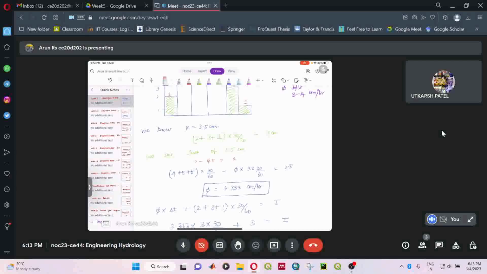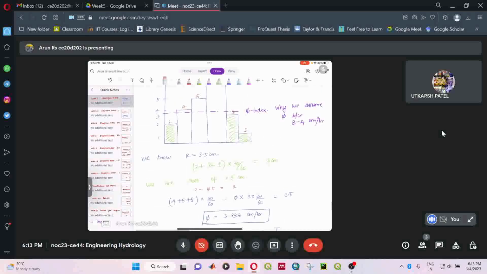If it is just close to your runoff, you stop at that place and you assume the phi index. You need to find out the maximum of what you are eliminating. So here the maximum you are eliminating is 3, and just between 3 and the next highest intensity, you can assume your phi index.